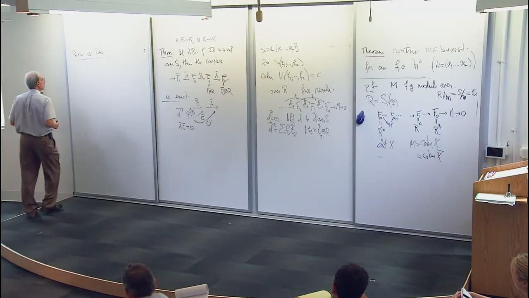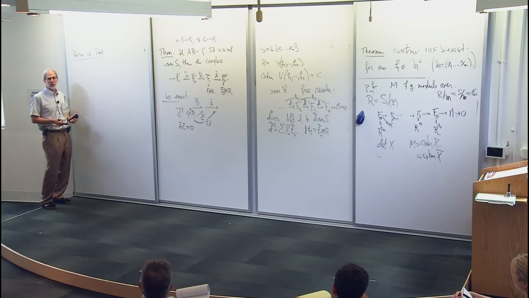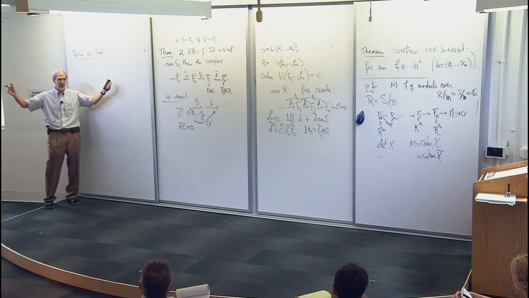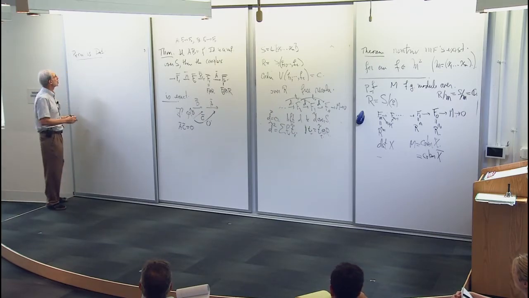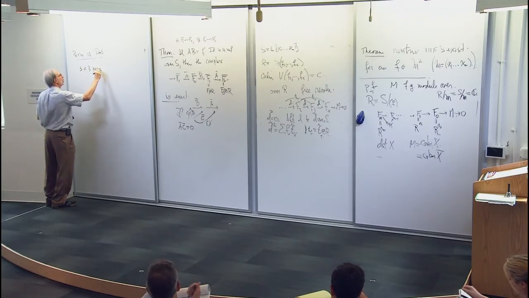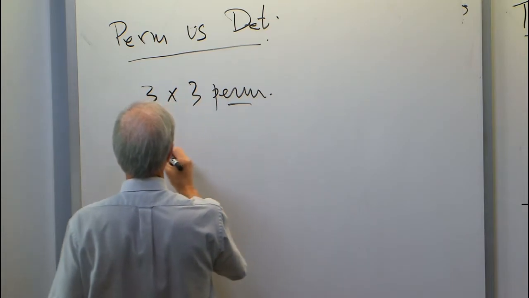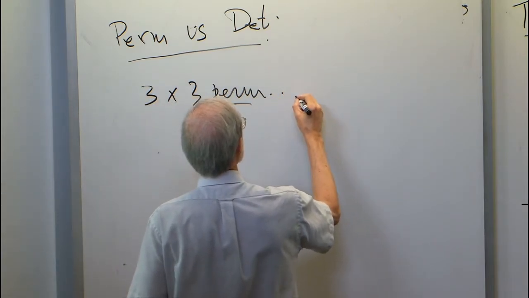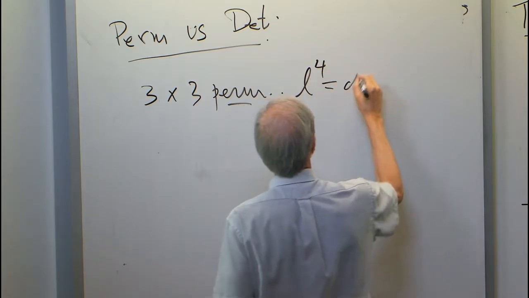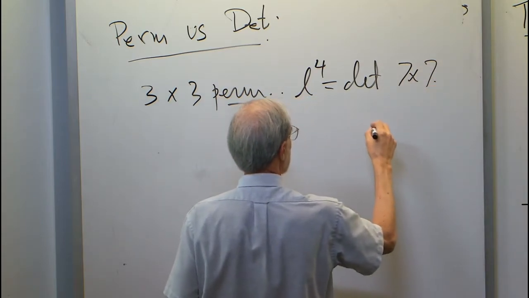It's not obvious just by looking that there are any, but of course we know there are, because you can express the permanent times power of a linear form as a determinant of a bigger matrix. So for instance, for the 3 by 3 permanent, you probably all know this, but I learned it fairly recently, the permanent times power of a linear form, in this case to the fourth, is equal to the determinant of a 7 by 7 matrix of linear forms.